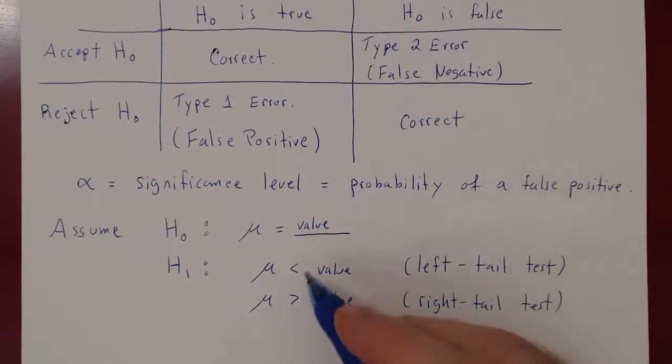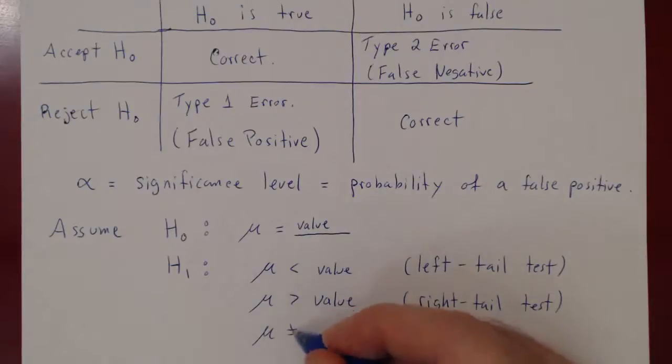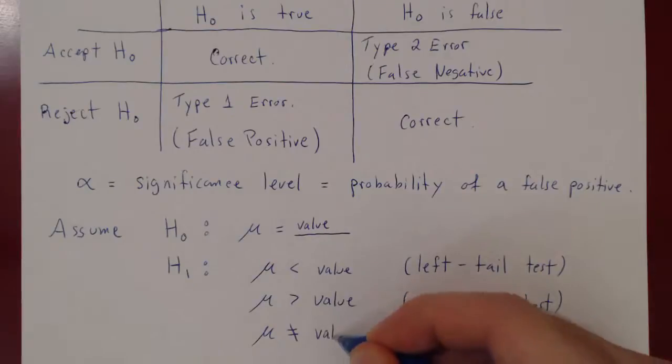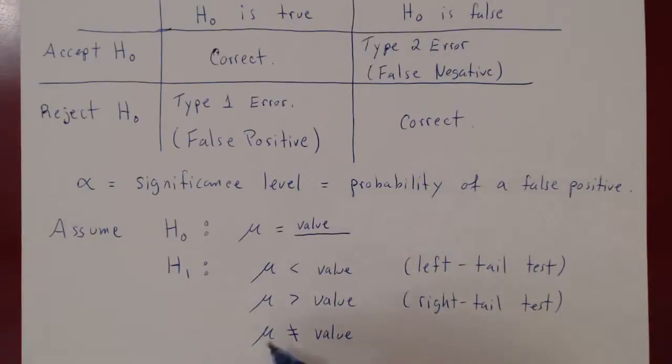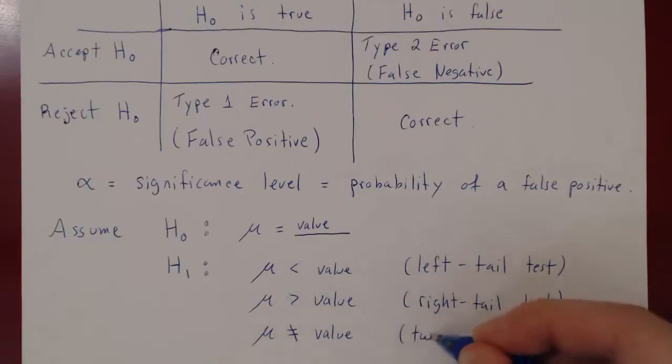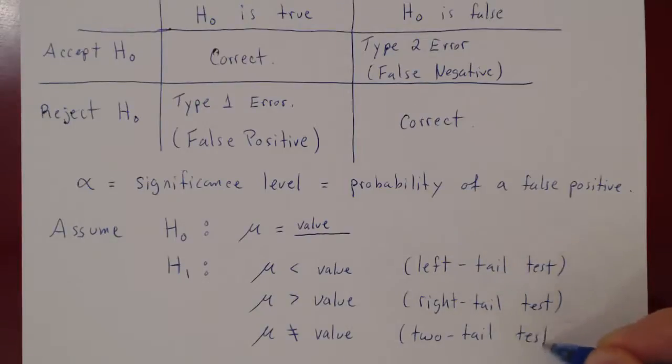Or the other option is you're not as affirmative, and you simply say that you believe mu to be different than the status quo value. So a slightly weaker statement. And this is a so-called two-tail test. Two-tail because if you say mu is not the status quo value, well, either mu is less than the value or bigger than the value, and so we are going to reject the two tails of our distribution.